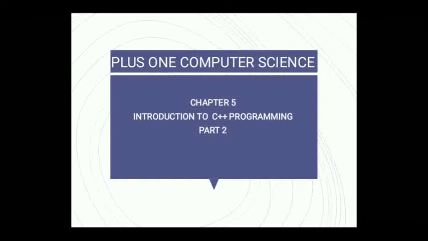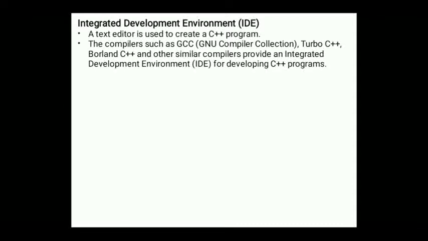Like other programming languages, a text editor is used to create C++ programs, and compilers such as GCC, that means GNU Compiler Collection, or Turbo C++, or Borland C++, and many other similar compilers provide an integrated development environment, that is IDE, for developing C++ programs.